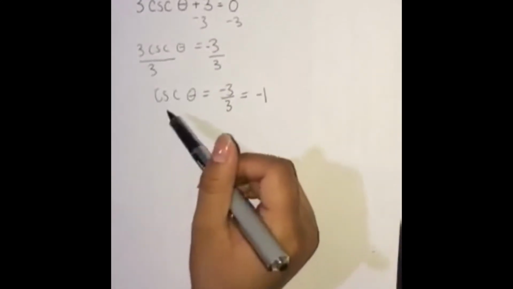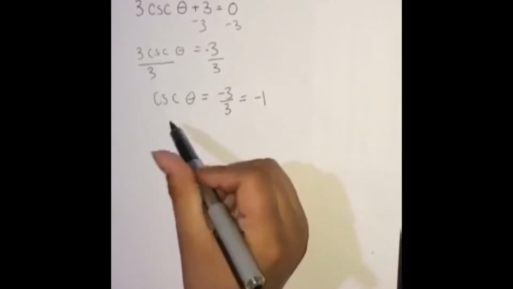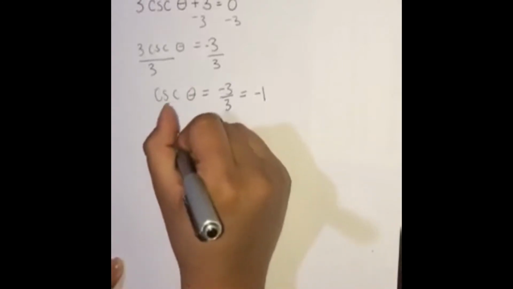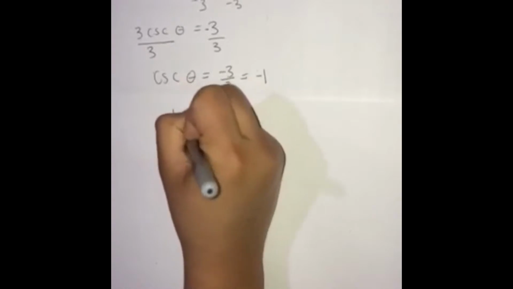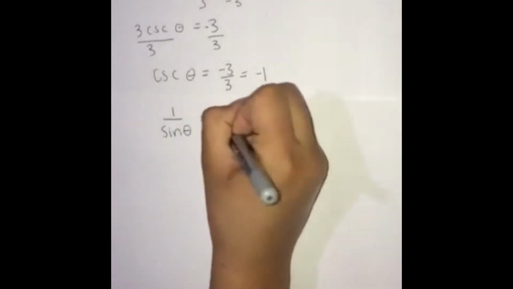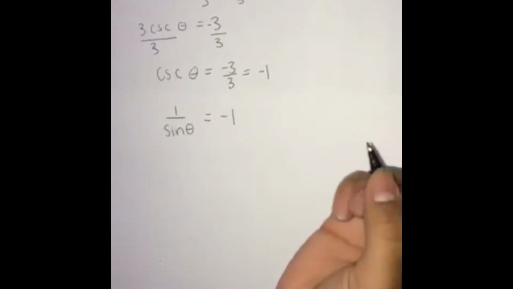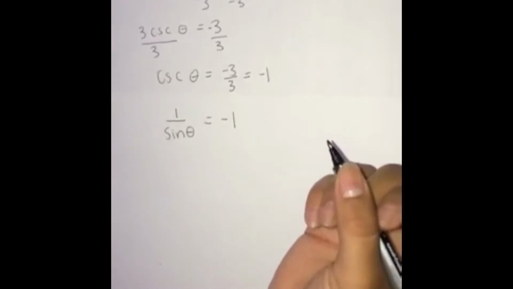Since it is not sine theta, then we have to turn cosecant theta into sine theta, and we know that cosecant theta is 1 over sine theta equals negative 1. So now we have to find the radian of this equation.